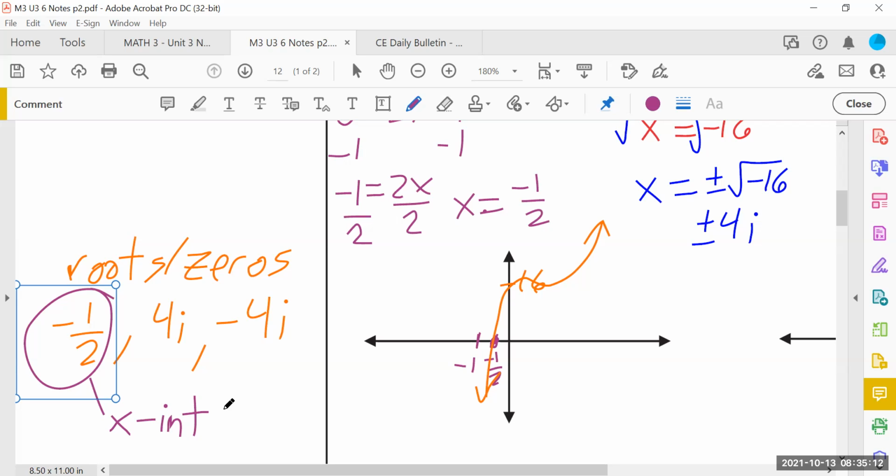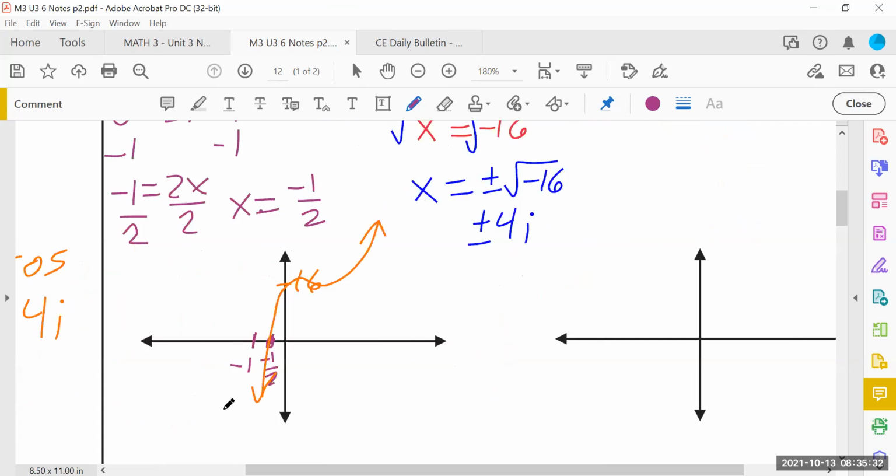Are you sure? If you want to ask it at some point, let me know, okay? Because this is kind of weird, right? I keep telling you that roots and zeros and x-intercepts are all pretty much the same thing. This is the first time where we're really seeing that there's a difference between the x-intercepts and the roots and zeros.